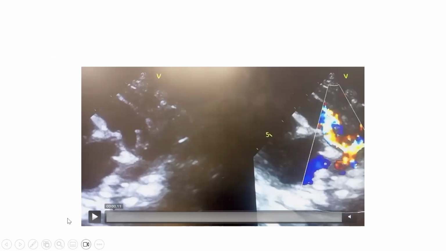So the first one here, okay, let's see. Okay, this is your typical ductal view for a PDA. So this is like a suprasternal view, and then you turn the knob, you angulate the beam towards the left shoulder.